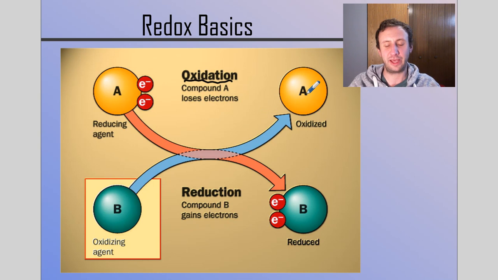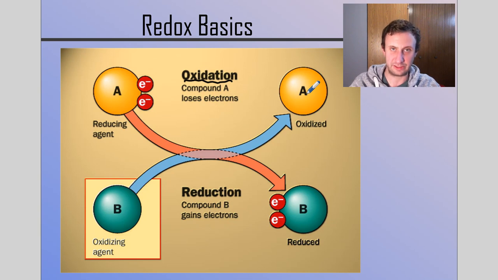Now, I understand where the confusion is for this. The term reduction normally means less, that you're getting less than you had before. Not in this case, right? Remember that that definition came from metallurgy, that when we reduced, we had less material in the end of the element than we had of the ore.